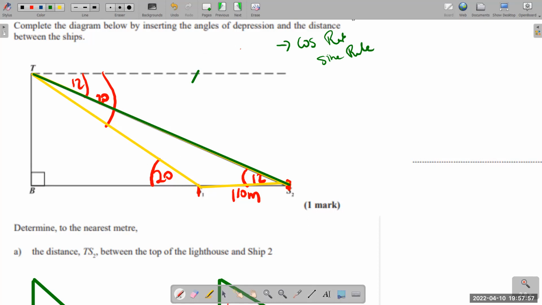Everybody see that? We only have one side of that triangle, which is 110. So which rule can we not use? We cannot use the cosine rule. We need to use the sine rule, but we only have one angle. So how can I find another angle inside this triangle? Keeping in mind, we must get a matching pair.